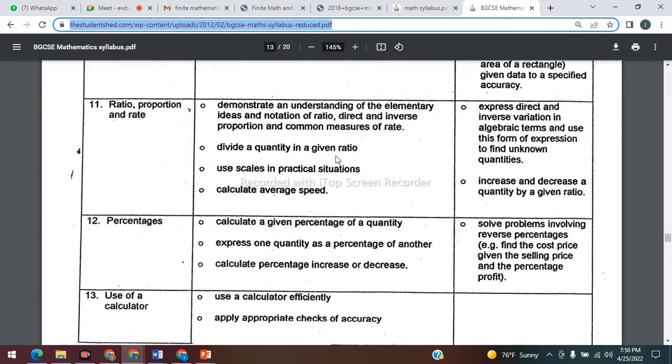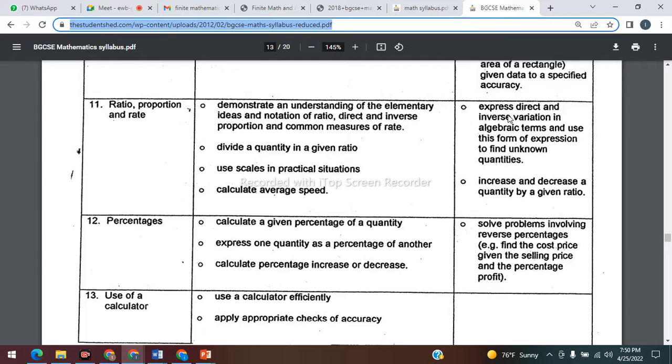Divide a quantity in a given ratio. Yes. Demonstrate an understanding of elementary ideas. That's what they say, elementary ideas. That's the fundamentals. We don't do anything strange here. Elementary ideas and notation of ratio, direct and inverse proportion, common measures of rate. We do these things.